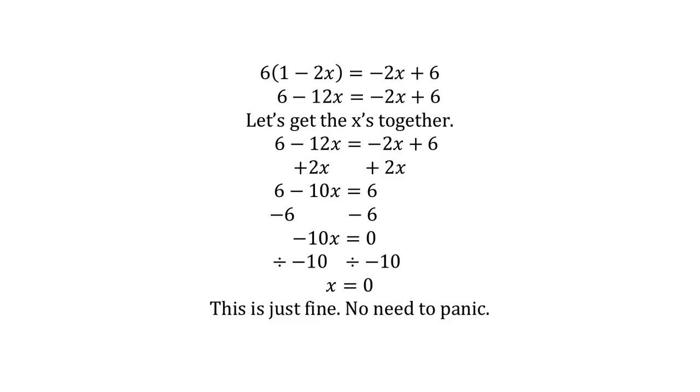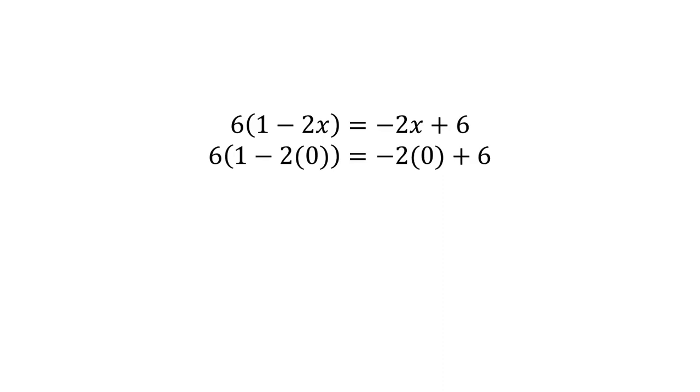If you're saying to yourself, this doesn't seem right, then remember, you can always just plug that number back into your equation and see if it works. So this was our original equation. Let's replace all the x's with zeros and see if this works out. Over here, first I would do minus 2 times 0, which would give me 0.